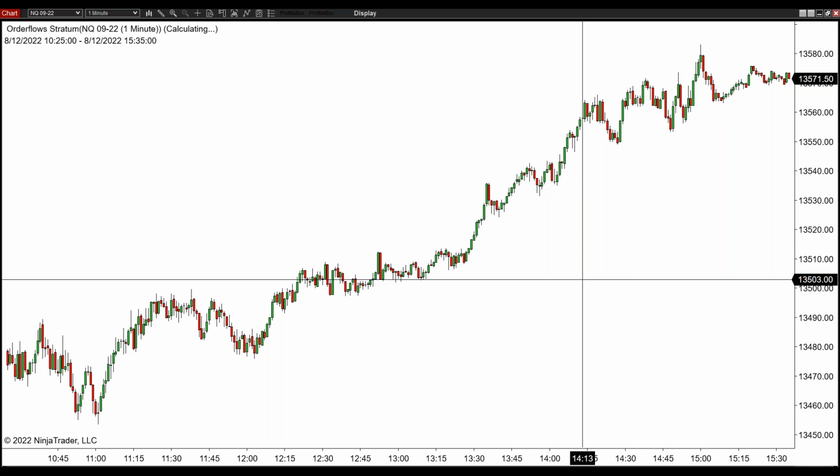Then I'll take a look at the questions here. Okay, Warren asks, what are the best hours to trade the U.S. indices? Well, obviously there's the U.S. session, right? That's when you're going to have the most volume.